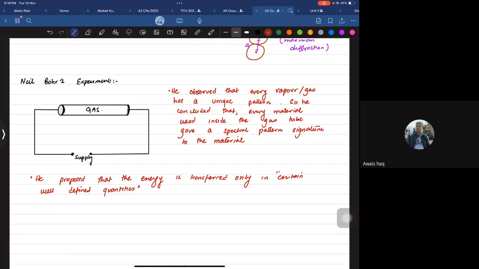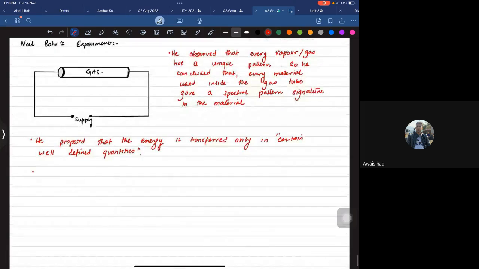All right, well-defined quantities, and electrons move around orbits, but only in prescribed orbits, like that.